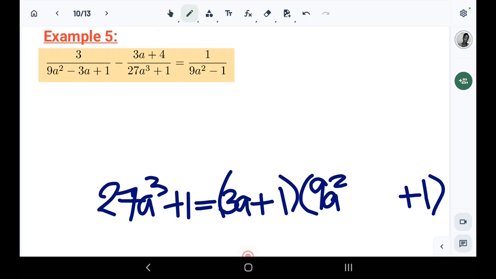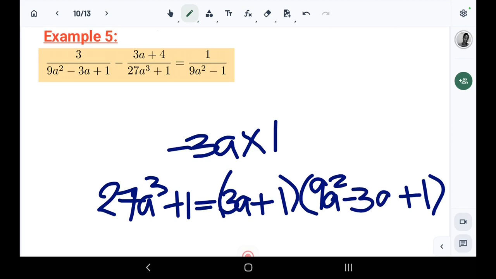And in the middle, you put a minus, and then the product of the 2. That becomes 3a times 1, that is 3a. So you put minus 3a. That's how you factorize your sum of 2 cubes.